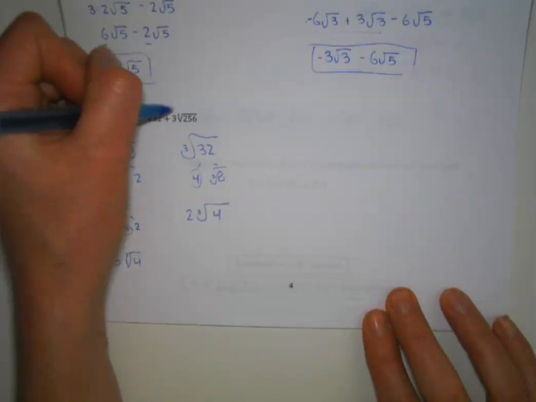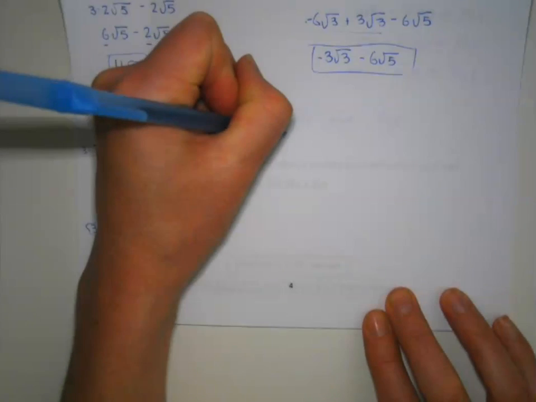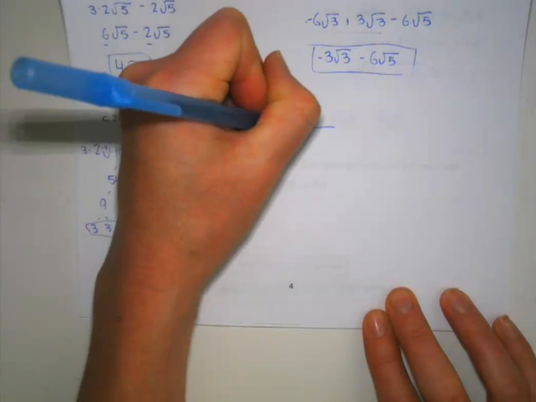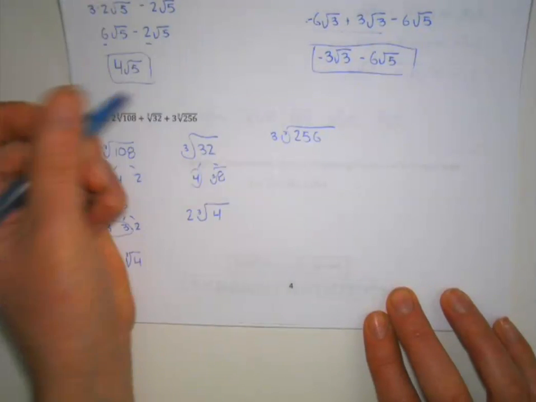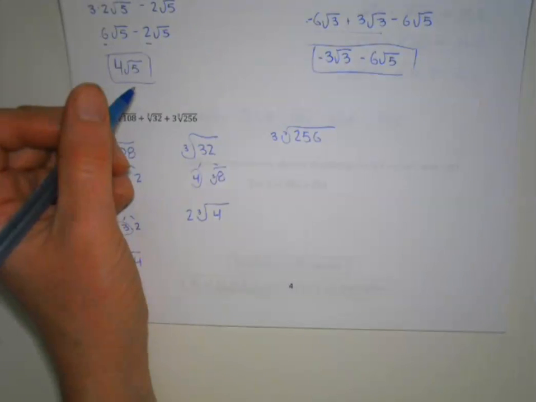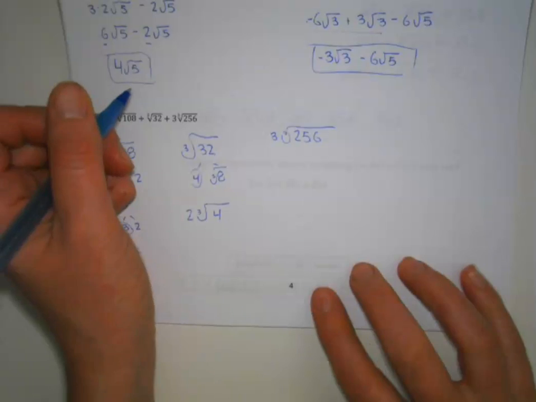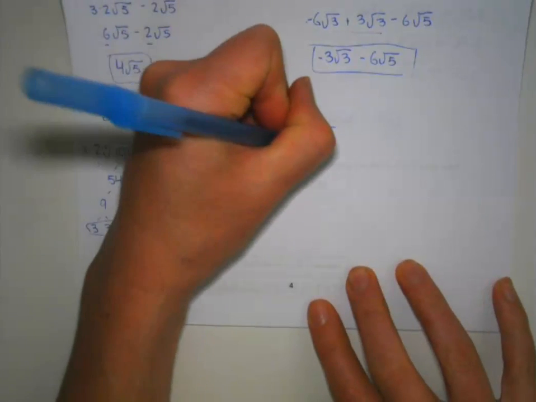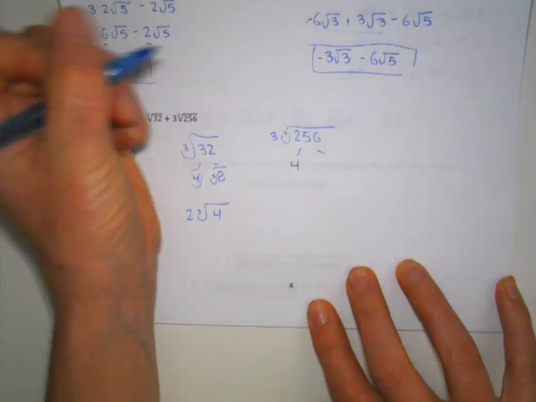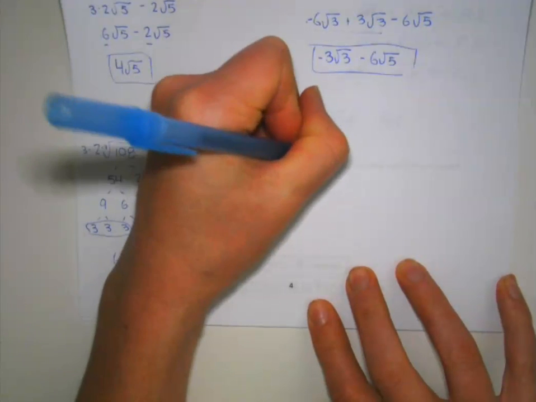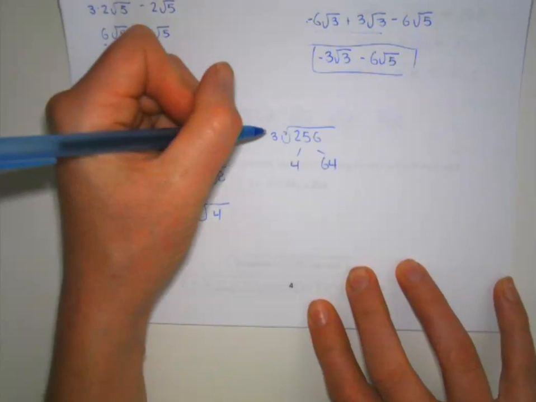Okay, for our last one we have 3 cube root 256. Let's see, I'm going to divide that one by 4. So if I do that, I get 4 times 64 would give me 256.